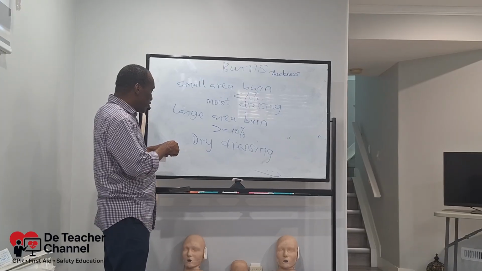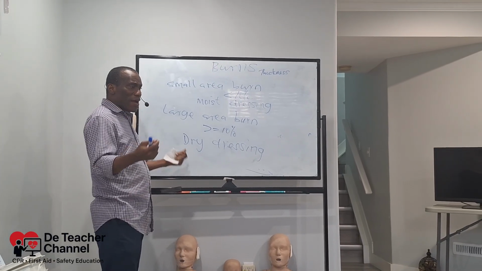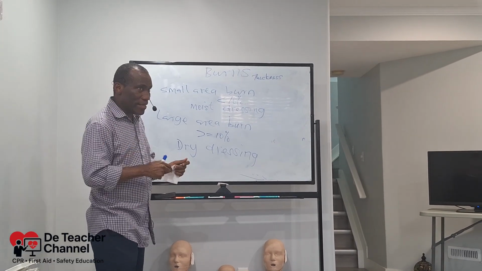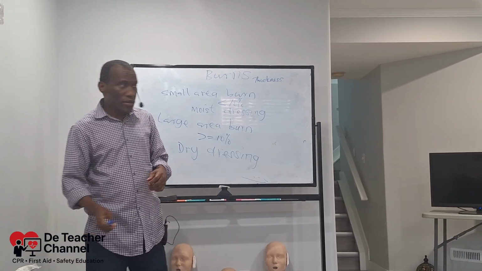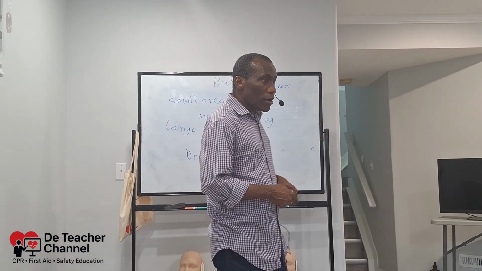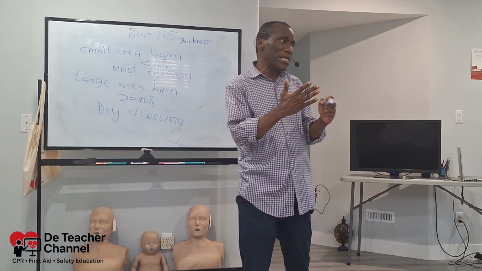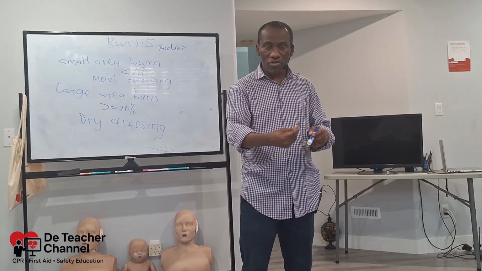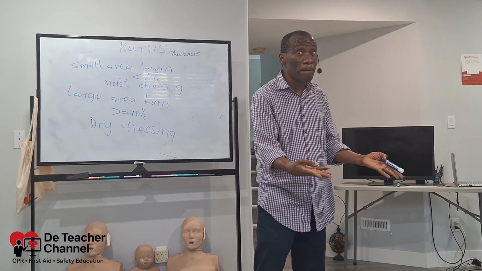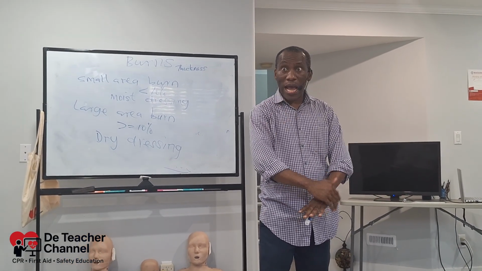Okay, so I will take chemical burn in the eye. If somebody has a chemical burn to the eye, what are the signs and symptoms? Let's assume you are using a chemical at home and it gets into your eyes.